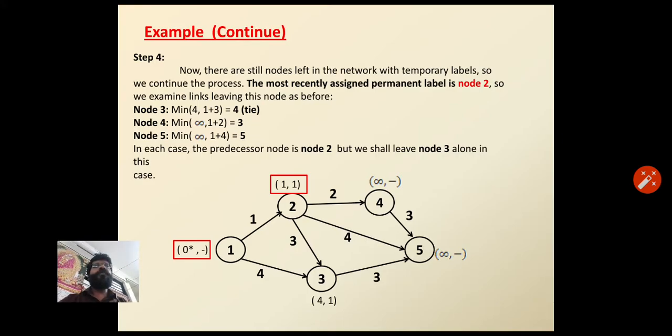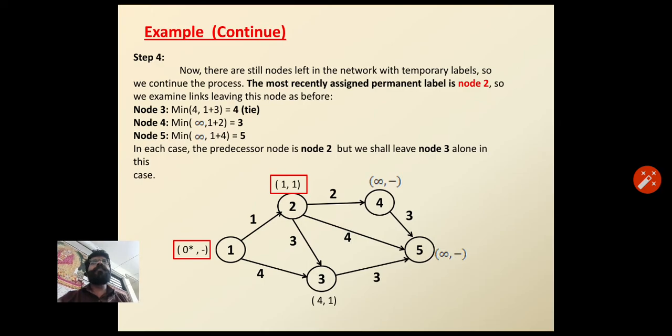So, the new value of node 3 is 1 plus 3. We can see that from node 2 to node 3 is 3, and the value of 2 is 1. So, 1 plus 3, and what is the old value? Old value is 4.